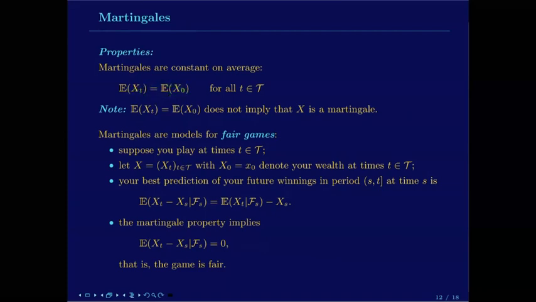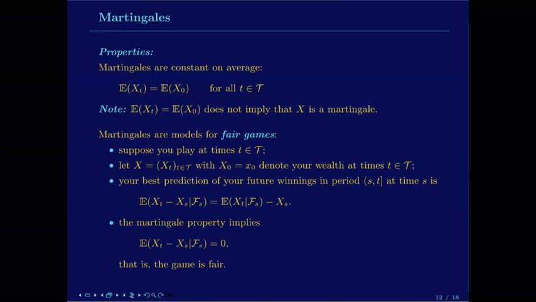For instance, every stationary process must have a constant mean, but they are by no means martingales. So the martingale property is a much stronger statement, and it does not simply consist of the mean being constant over time. However, whenever this is violated, of course, we cannot have a martingale.